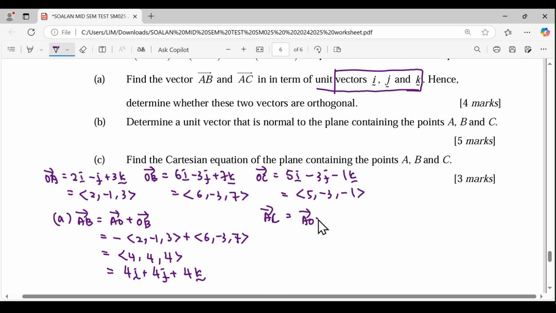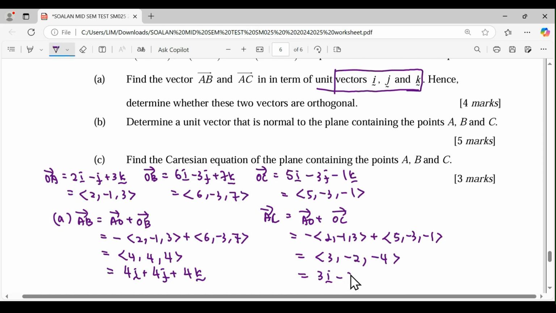AC will be AO plus OC. So AO is negative OA, and OC is 5, -3, -1. So it gives you 3, -2 and -4. So in vector, 3i minus 2j minus 4k.